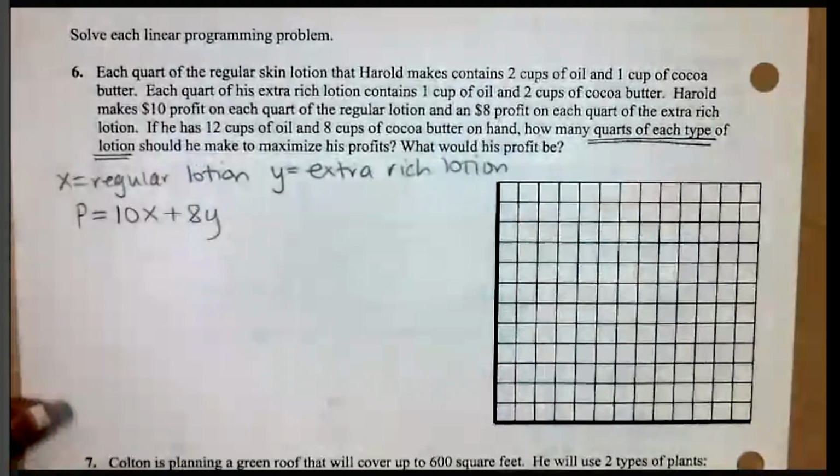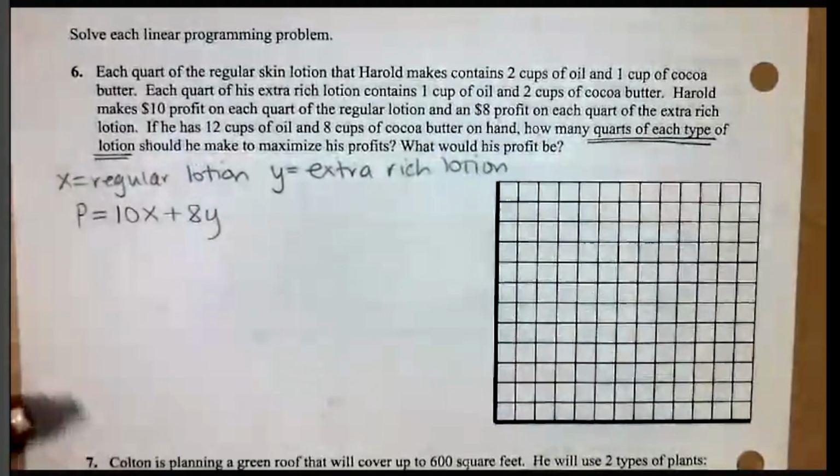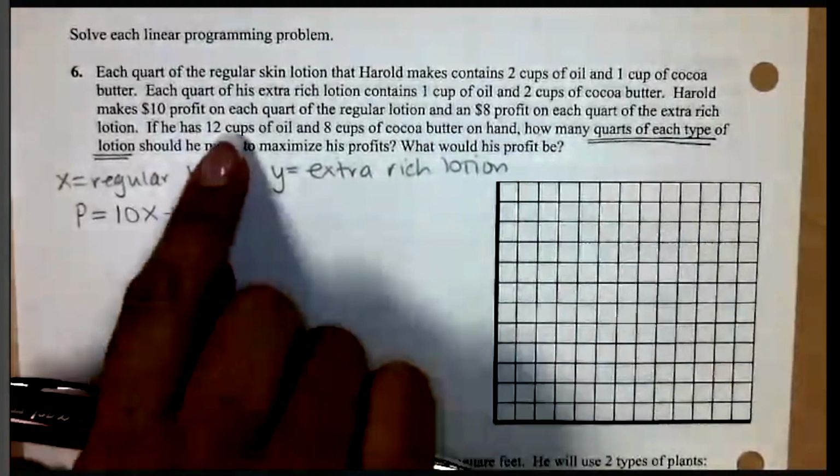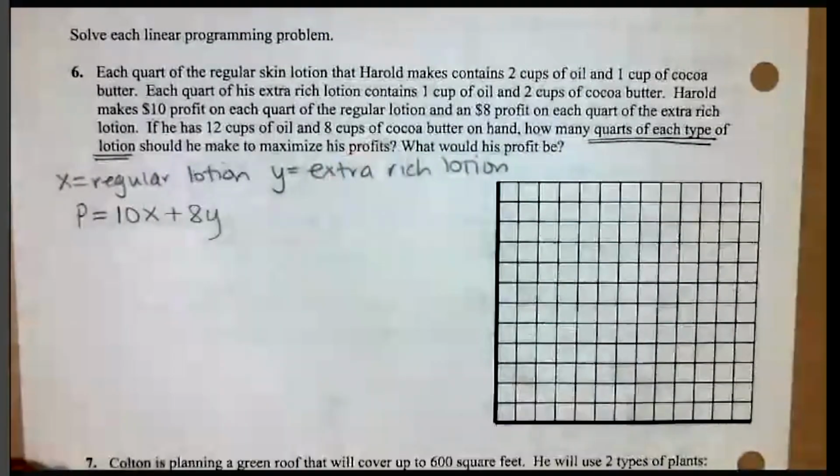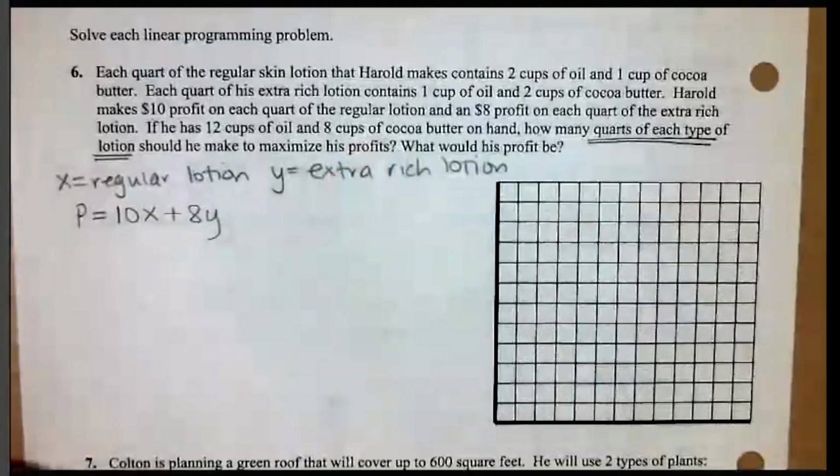Now, what is keeping Harold from making tons of these and selling them to everyone and becoming a billionaire? Well, there's things that are keeping him from doing that. The fact that he only has 12 cups of oil and 8 cups of cocoa butter, that keeps him held back. That's where our constraints come from. So we're going to have one for our cups of oil, and we're going to have another one for our cocoa butter.